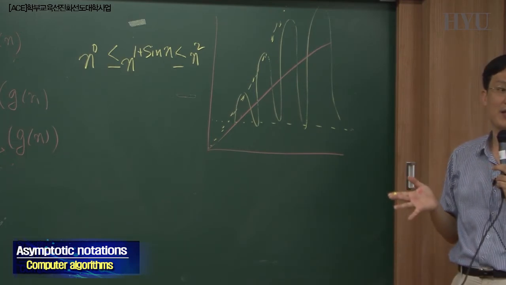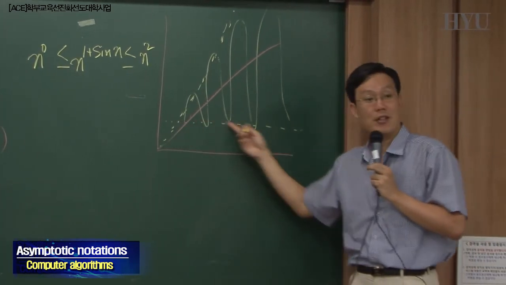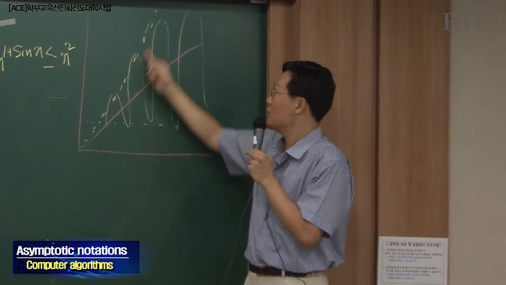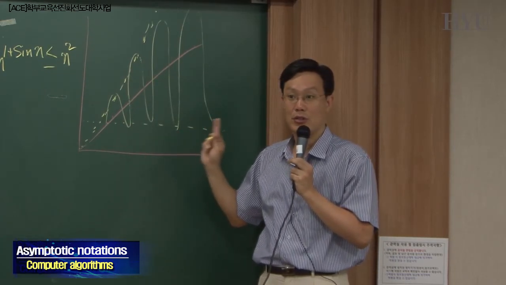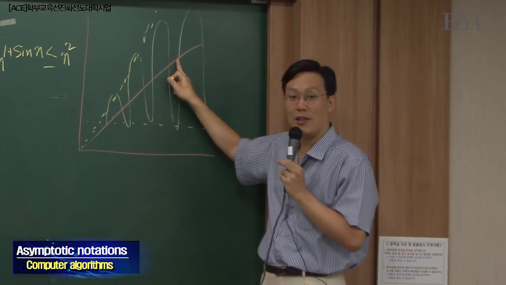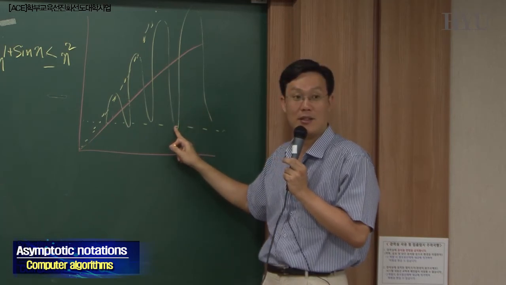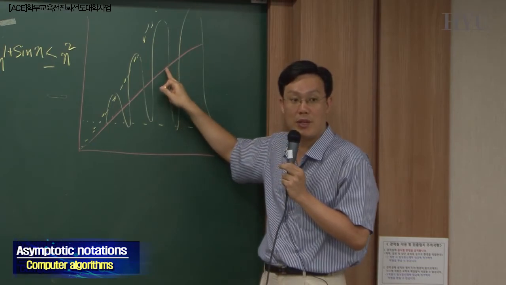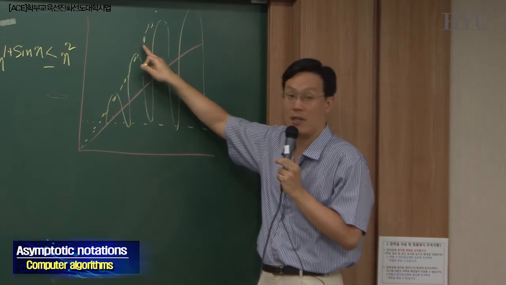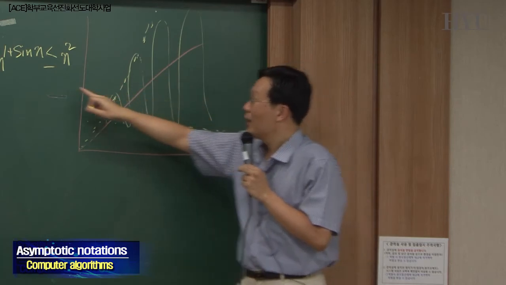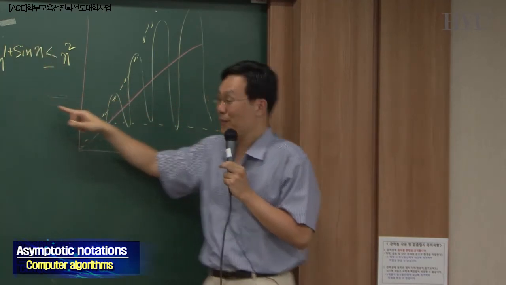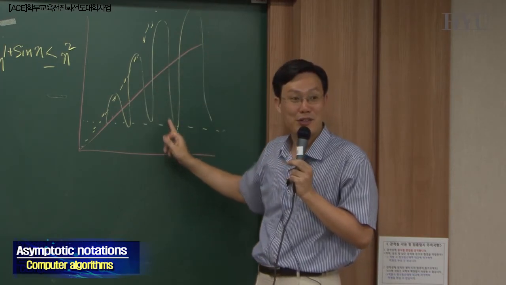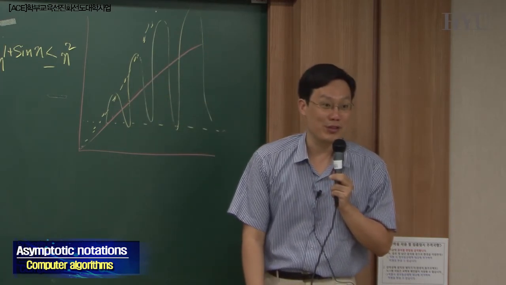So this is a constant function, and this is a linear function, and this is a quadratic function. So you know that this one is big O of this, and this one is big O of this, and this is big O of this. But this function oscillates between a constant function and a quadratic function.